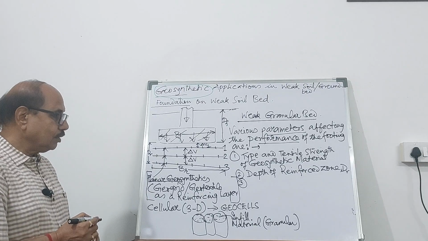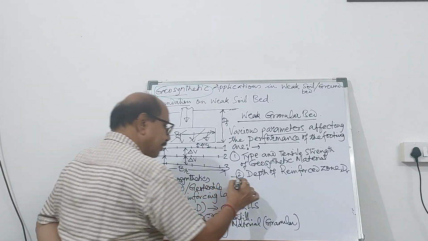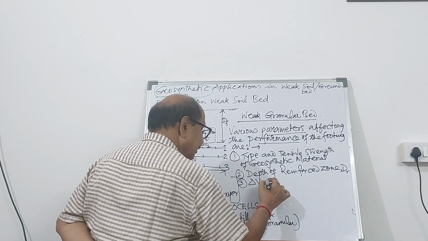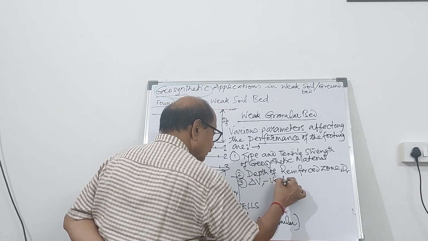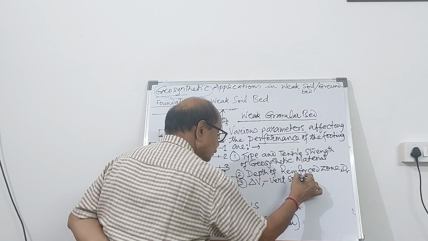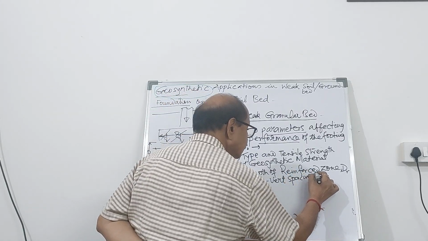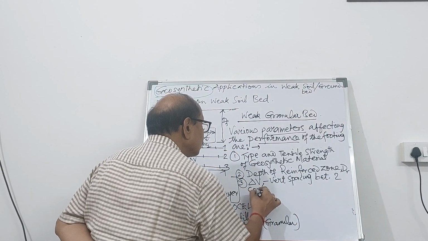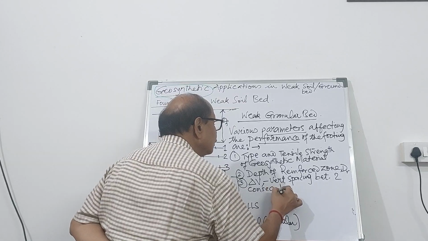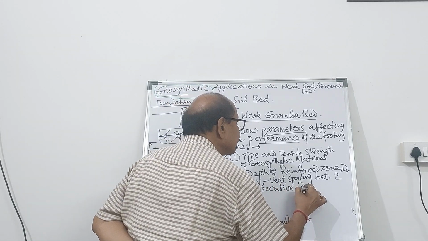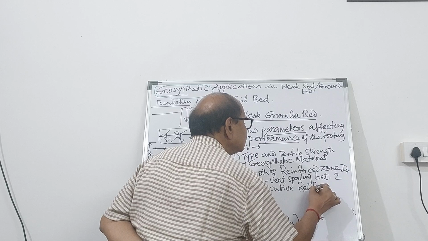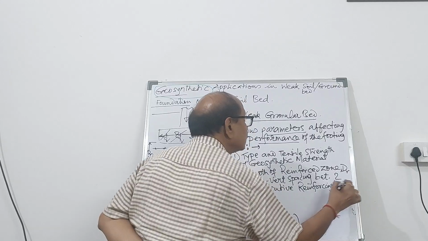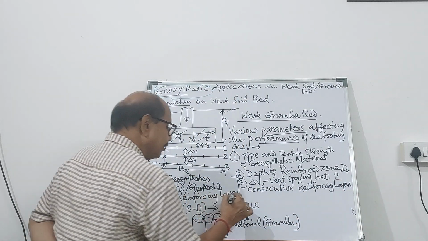So friends, what is important is your delta V and delta V1. What is delta V? Vertical spacing between two consecutive reinforcing layers. What is delta V1?